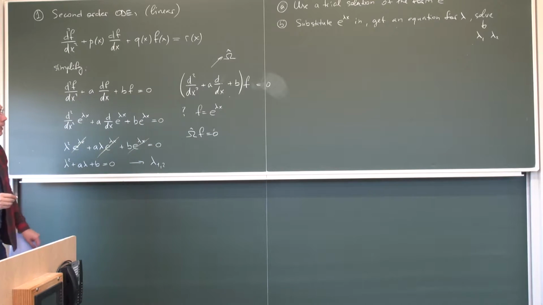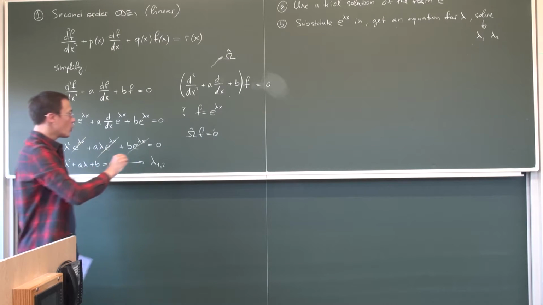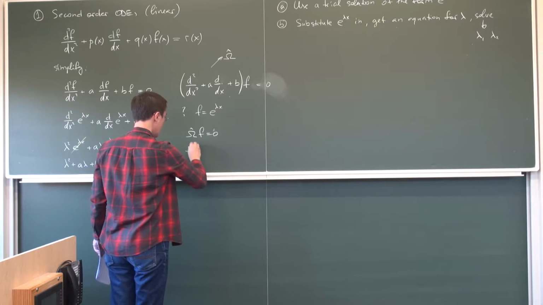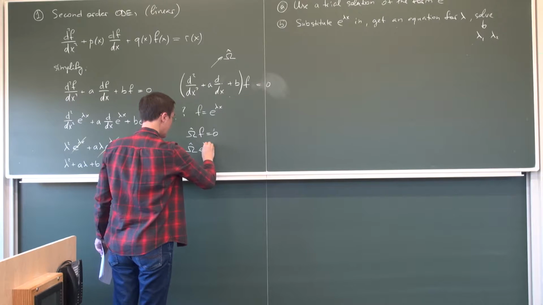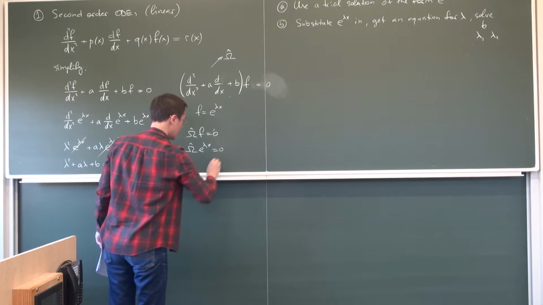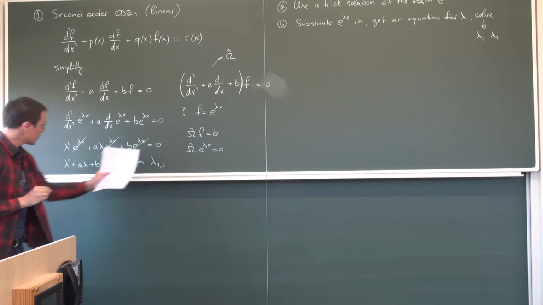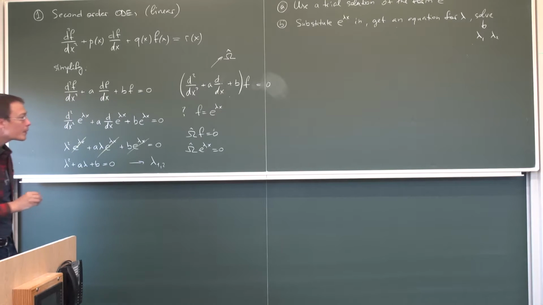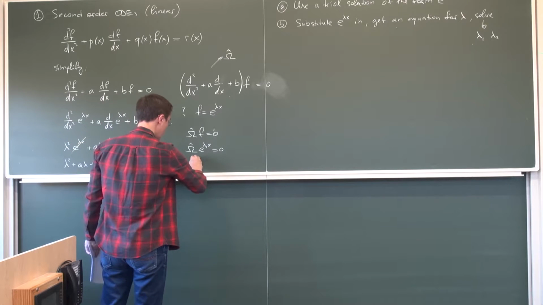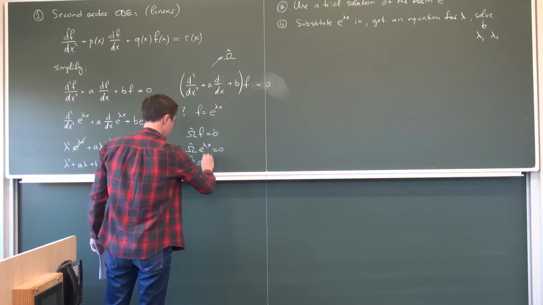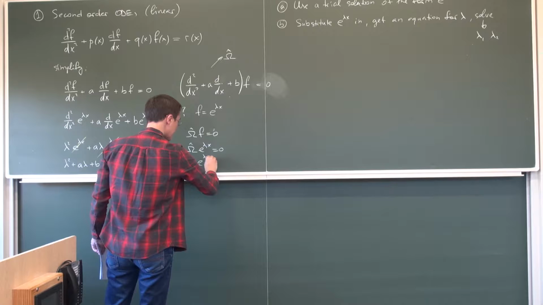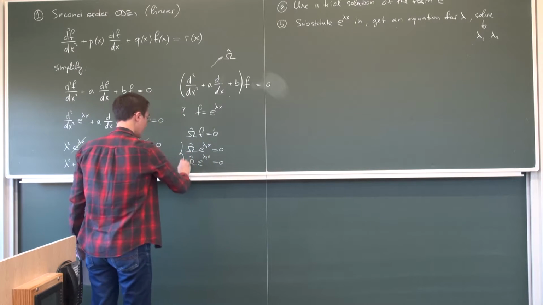Now, if we have found the lambdas of this kind, we know that omega e^(lambda 1 x) is 0, right? Because we have found lambdas such that it becomes 0. And then we also know that omega e^(lambda 2 x) is 0.